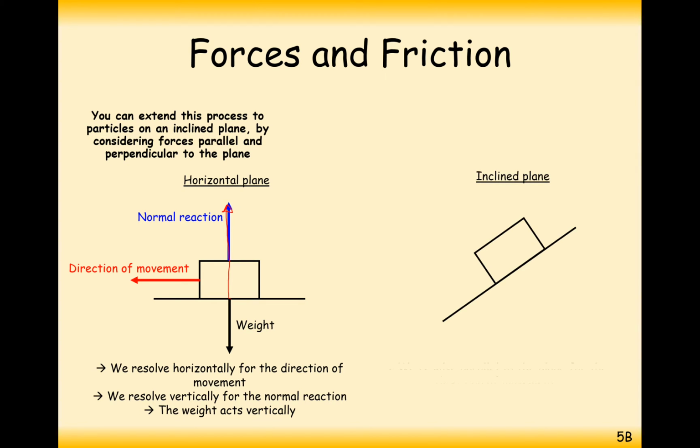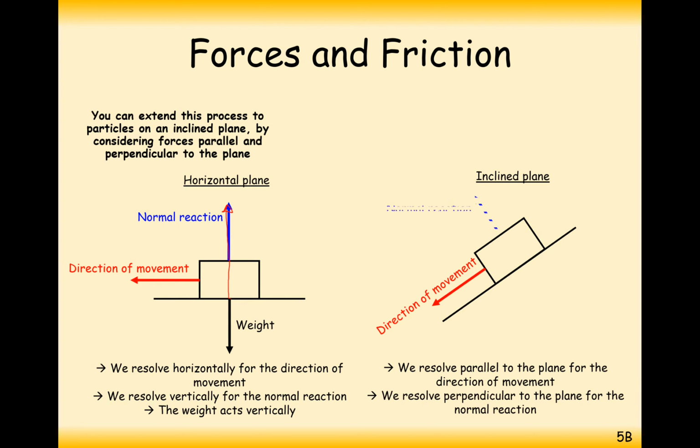But when we have a slope in our diagram, we have two different types of axes or two different dimensions. We're going to be working out how fast or how slowly it accelerates either up or down the slope. So we need to know the forces that are going to be acting up and down the slope. So instead of going horizontal and vertical, we're going to be going up the slope, down the slope, and at a right angle to the slope that we call the normal reaction.